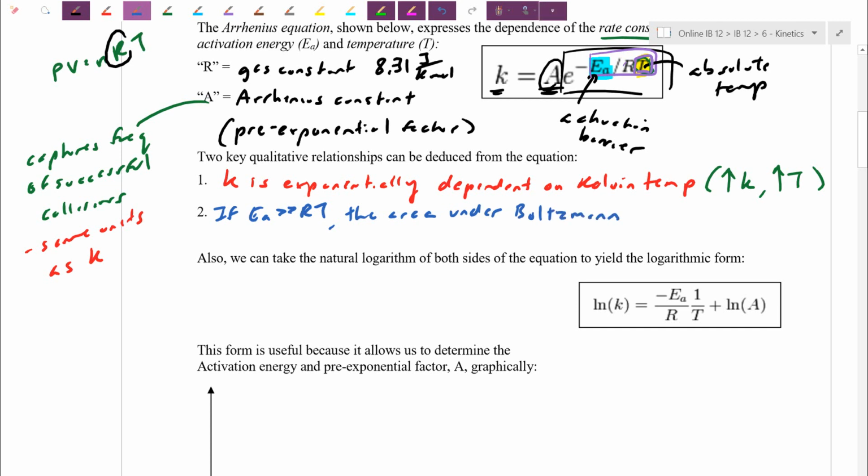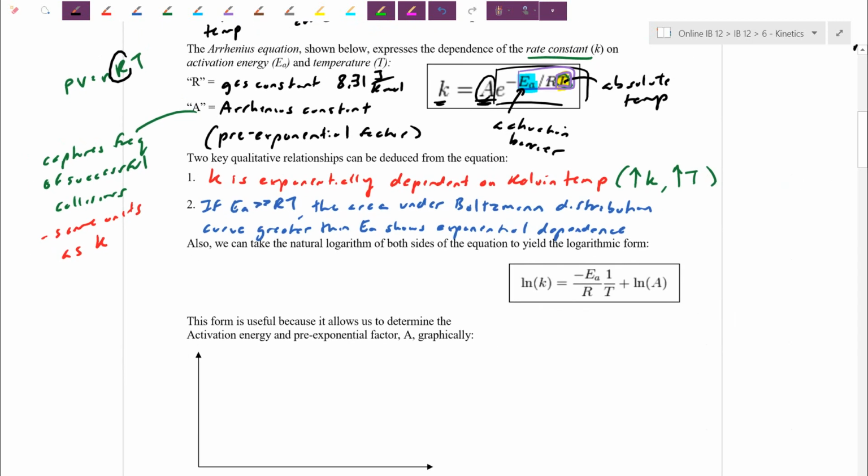Under the Boltzmann distribution curve, greater than EA, shows this exponential dependence. So let me draw you a graph of what I mean.